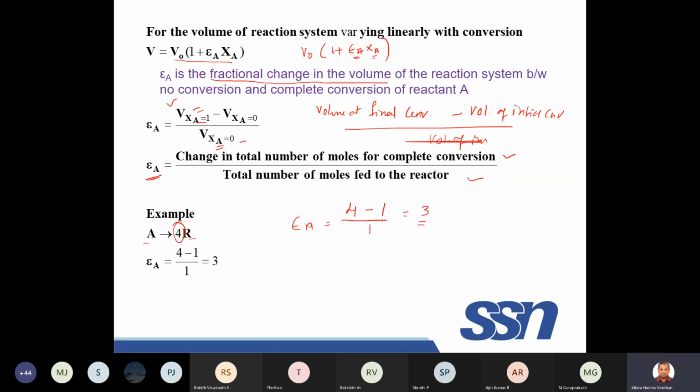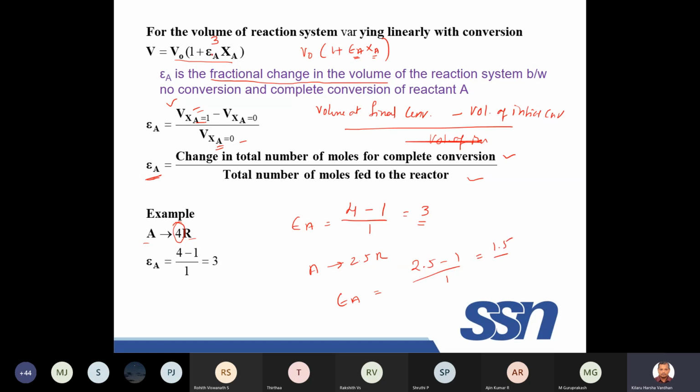Therefore, it is 3. So you have to put 3 here and then do that. And if there is one more, A gives 2.5R, then what is your epsilon A? Epsilon A is 2.5 minus 1 divided by 1, which is 1.5.